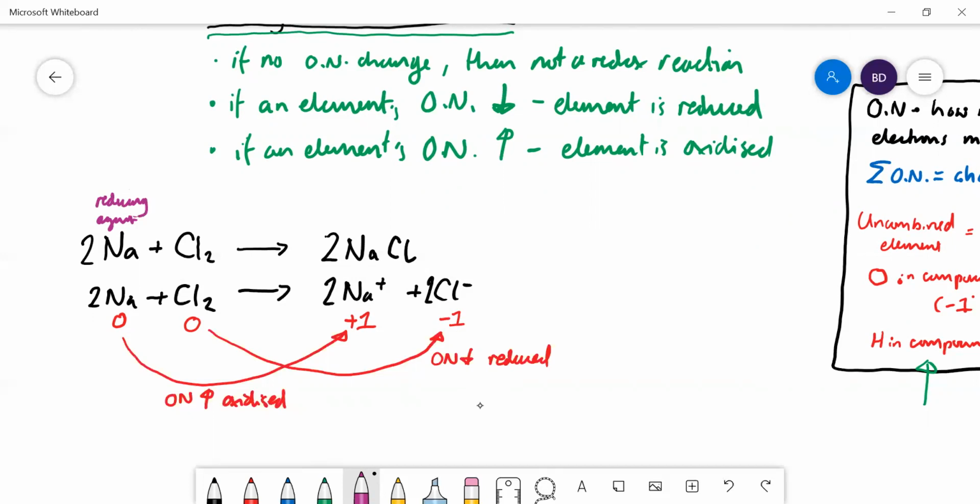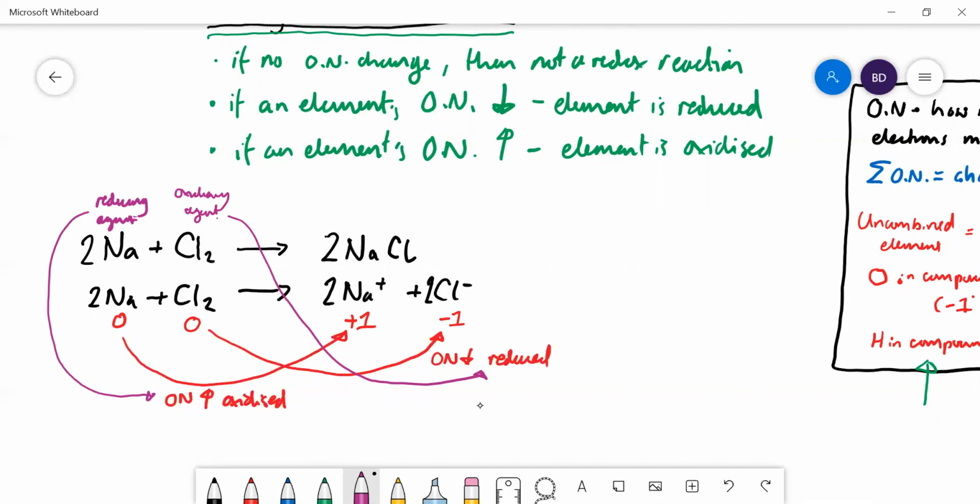And the reducing agent always ends up getting oxidized, and look, the sodium gets oxidized. The chlorine is acting as the oxidizing agent, because that is taking electrons away from things. And look, the oxidizing agent does get reduced.